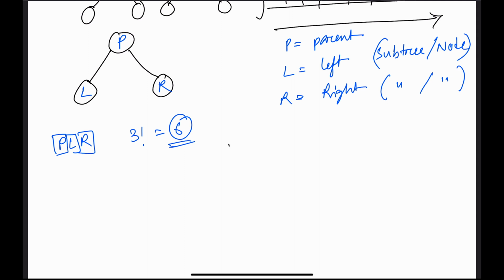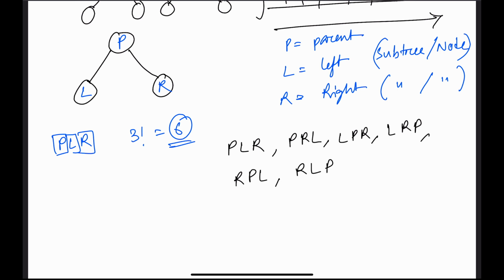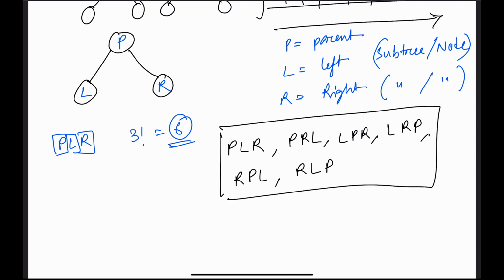Now what are the 6 ways? PLR, then PRL, then LPR, then LRP, then RPL, and then RLP. Okay, so there are 6 ways. Now among them, what are the ways we are going to pick?